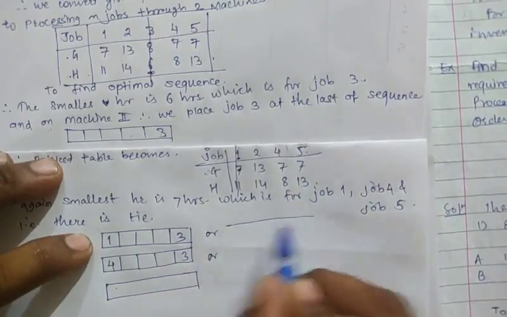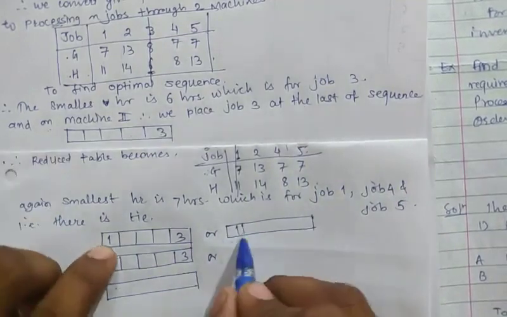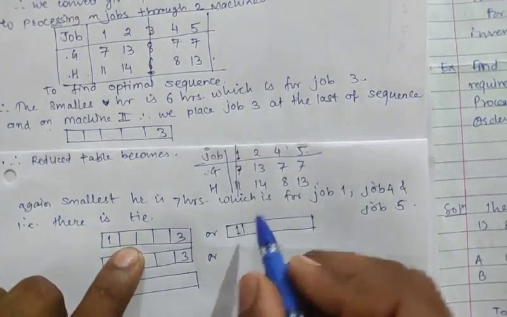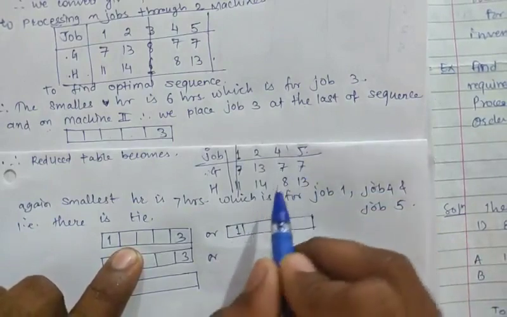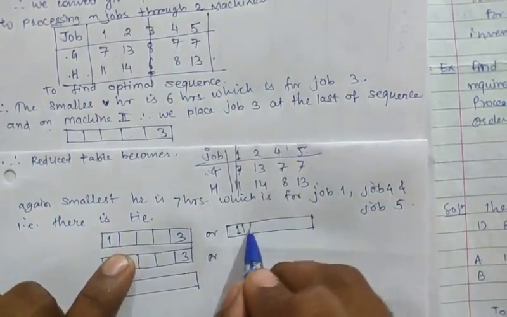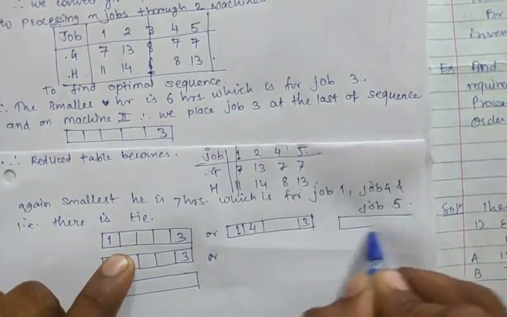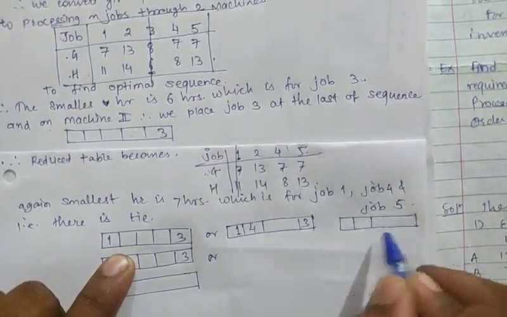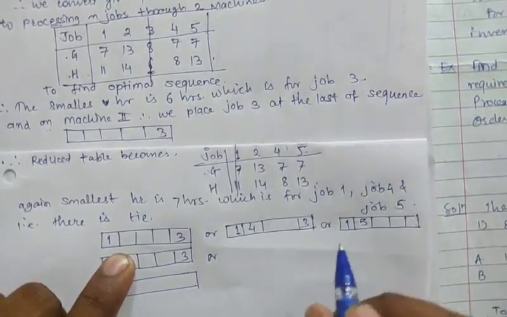We have placed 1 first. Next there is again a tie for the smallest value between 7 and 7. So we can place job 4 or 5 next.